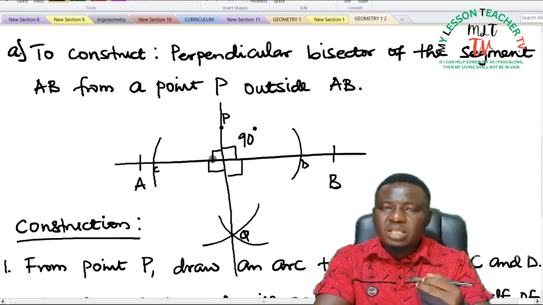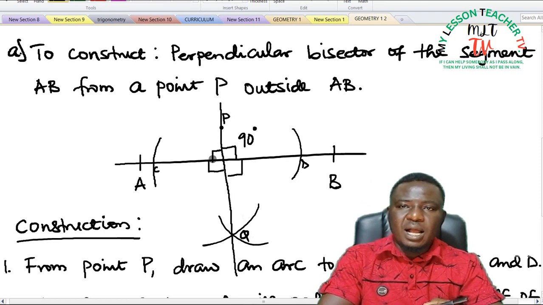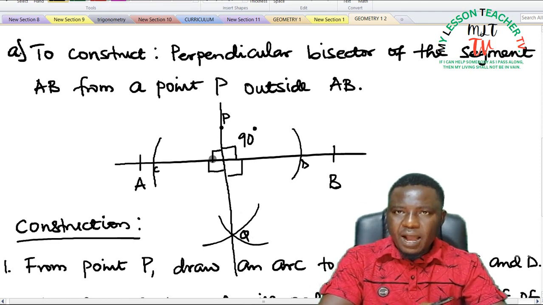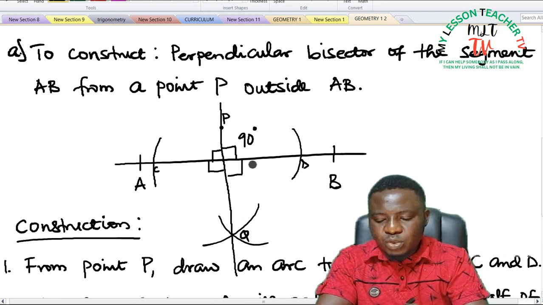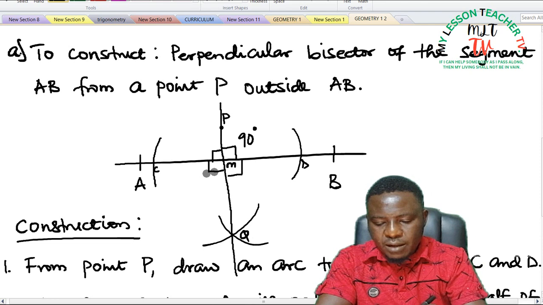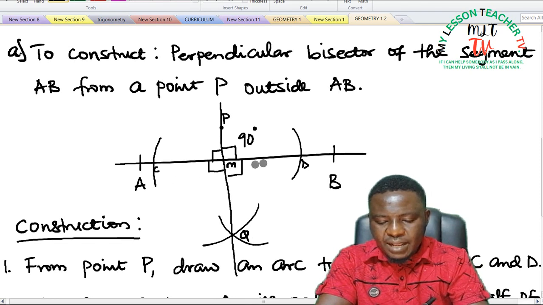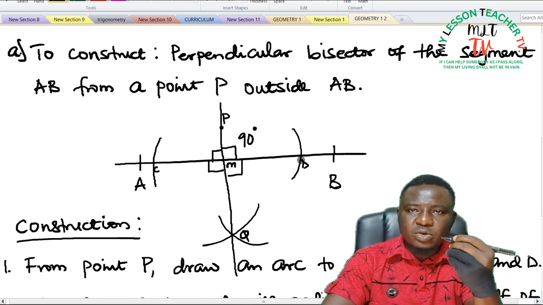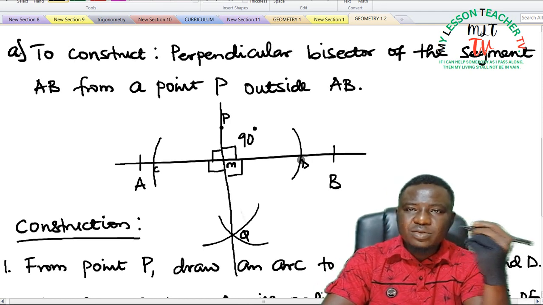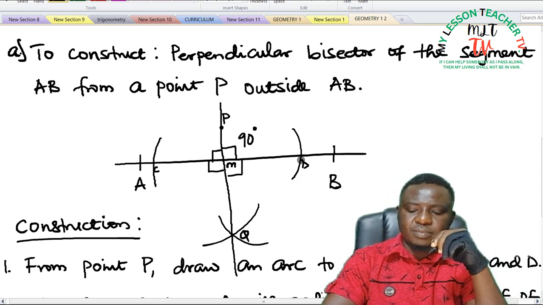Whichever you measure, they are all going to give you 90 degrees. You also discover that the distance between, let me call this M, C and M will be equal to the distance between M and D. Just like I said, a perpendicular bisector divides a line into two equal parts.